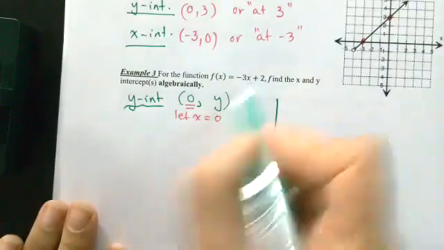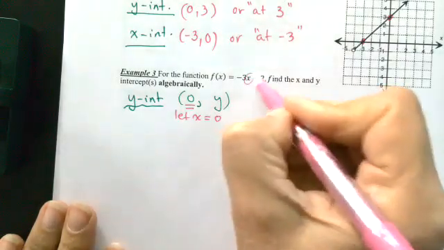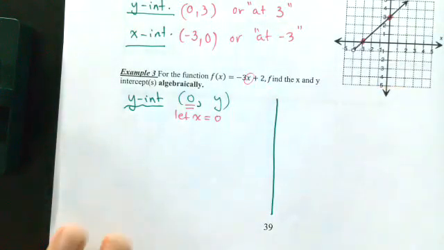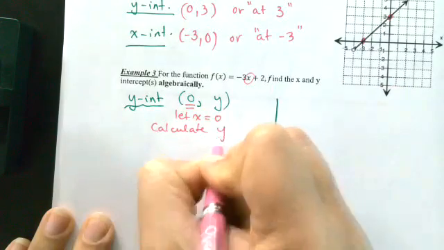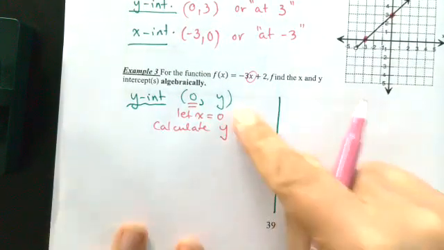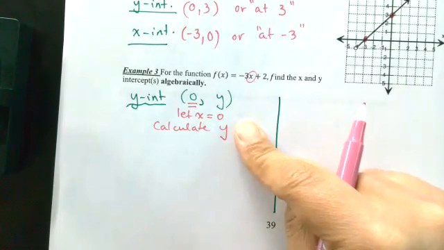So in the equation, if I let x equal to 0, all I have to do is replace the x with 0 and calculate the y. That's basically what I memorize for myself when I'm calculating the y-intercept: let x equal 0, calculate y.